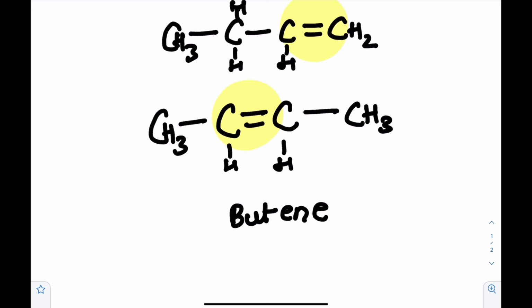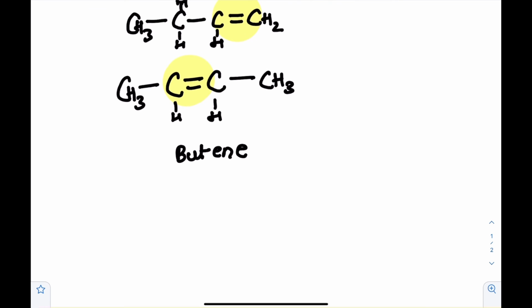So to solve this problem, what IUPAC did was you also have to number the double bond. You should be able to tell the position of the double bond. We can do this in two ways. Because this is the one that we're numbering, this is 1, 2, 3, 4, 1, 2, 3, 4.